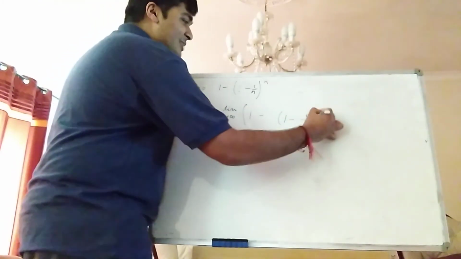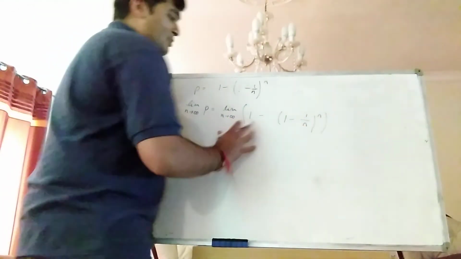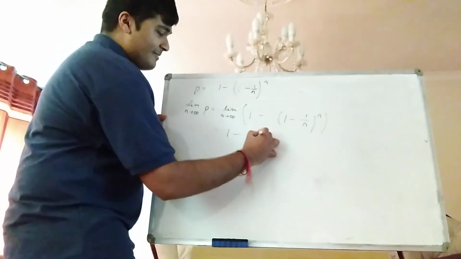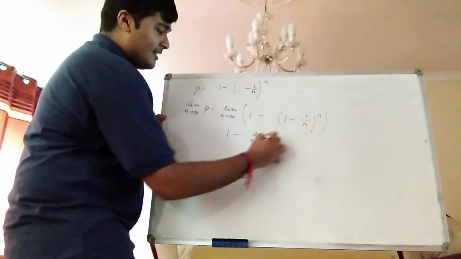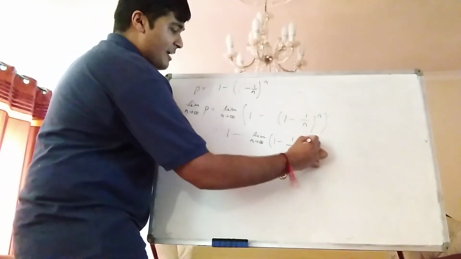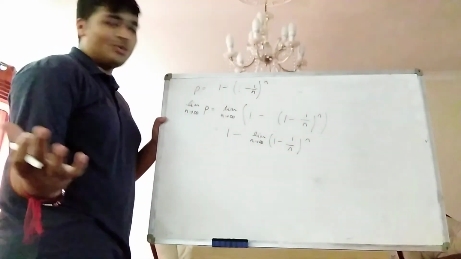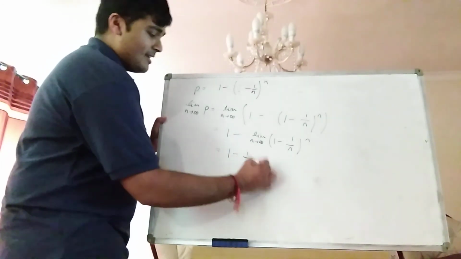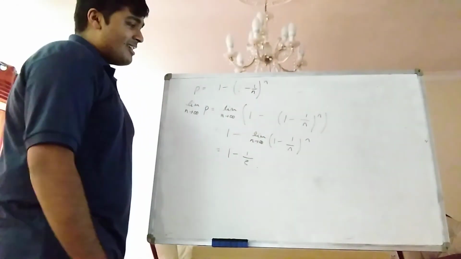Okay, and basic tricks about limits, algebra of limits, I can write this as the sum of two limits, so this is 1 minus the limit as n goes to infinity of (1 minus 1/n) to the power of n, and this is a standard limit, that's 1 over e, so that's 1 minus 1 over e, and that's our answer.